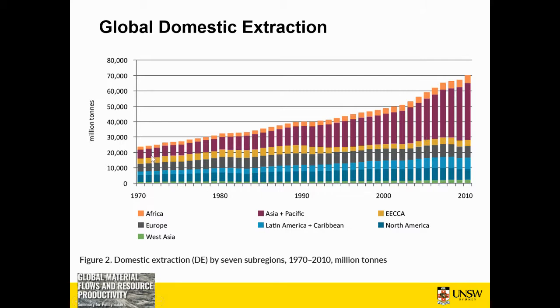All of these countries industrialized a lot in the 70s and 80s. So we see that being reflected here as more extraction of materials. Whereas Europe is pretty stable because their industrial activity kind of plateaued.